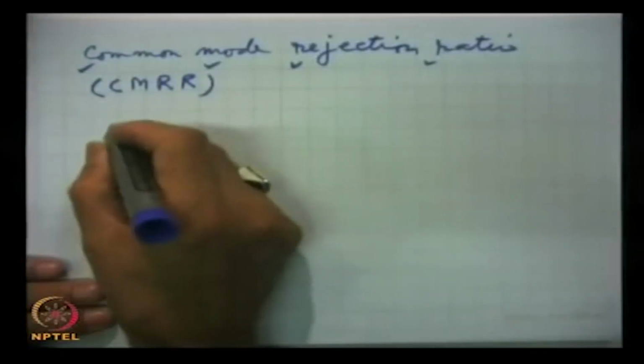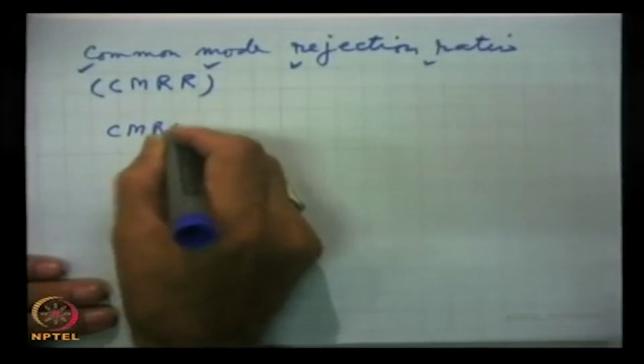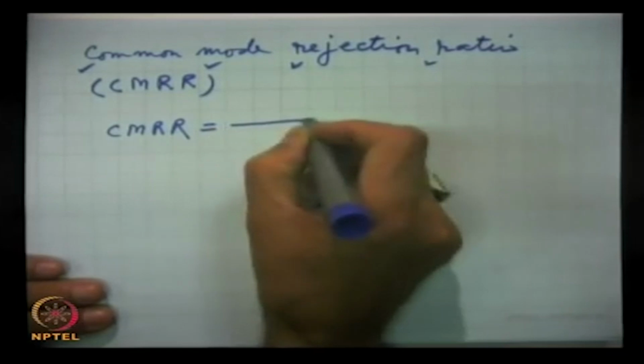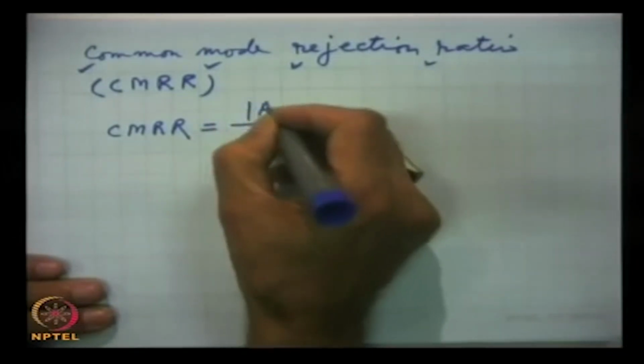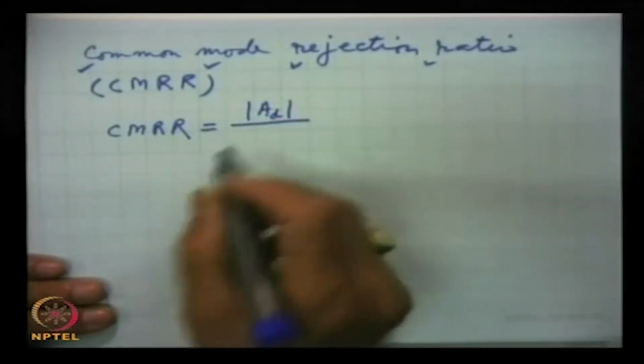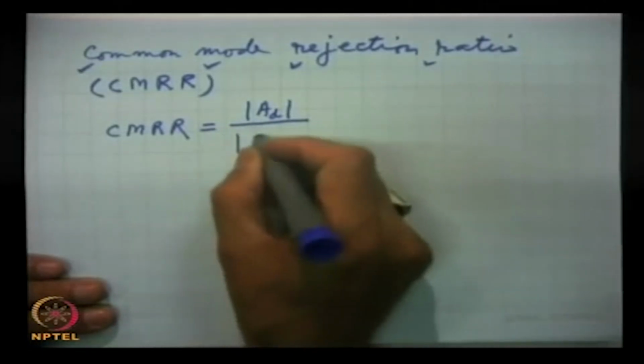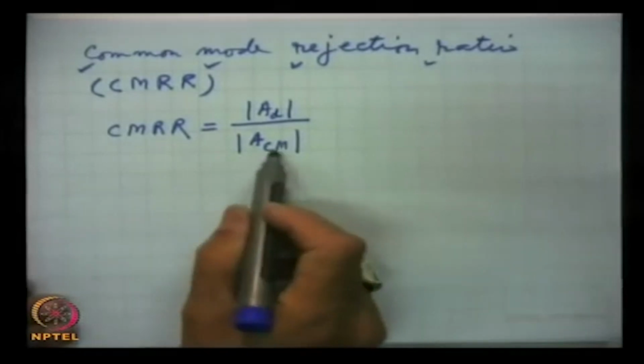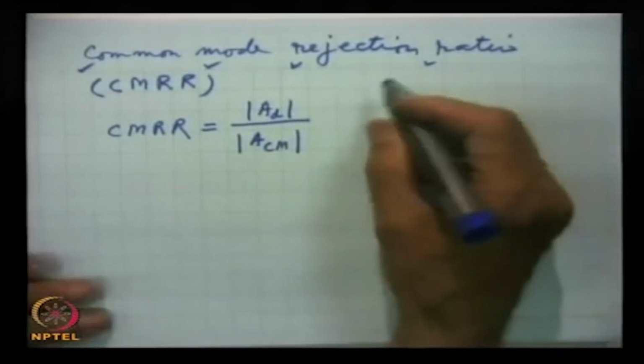CMRR is defined as the ratio of the magnitude of differential gain and the magnitude of gain in common mode.